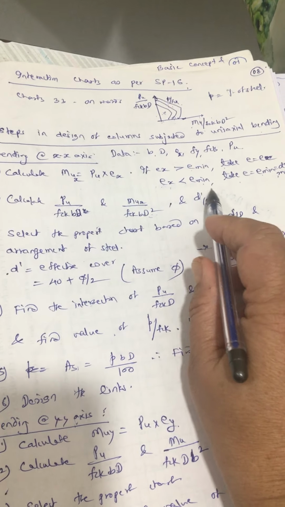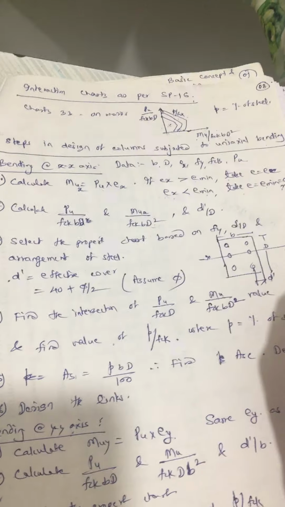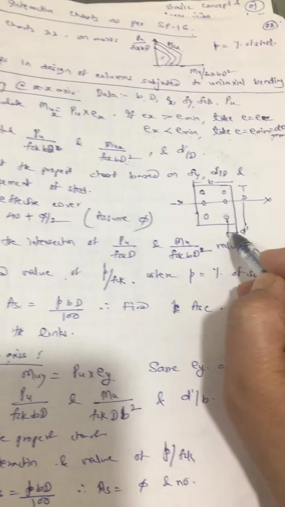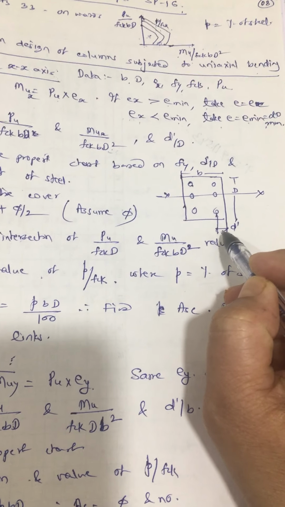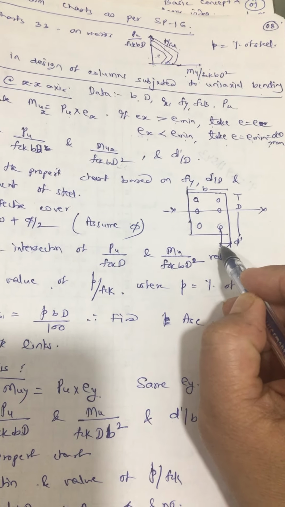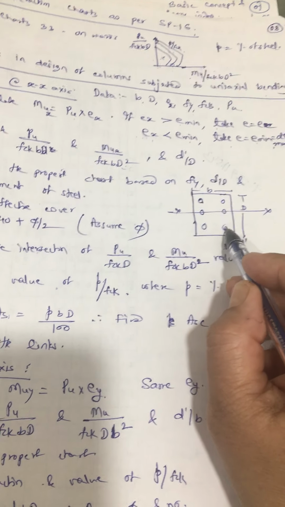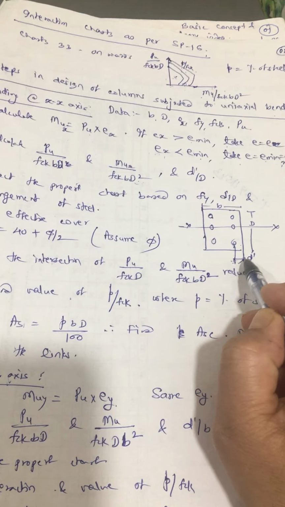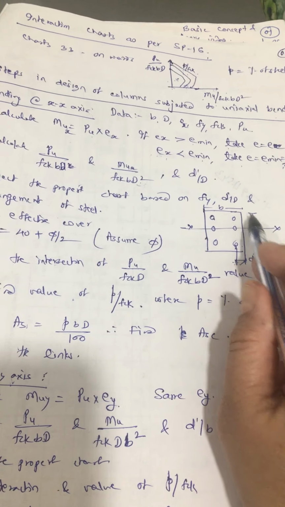And then you have to calculate the value of d dash upon D. What is this d dash? That is also given in the interaction chart. If you refer to this particular figure, effective cover for the bars provided in the column is 40 mm plus half the bar diameter. So that gives you d dash. So this is d dash upon D.